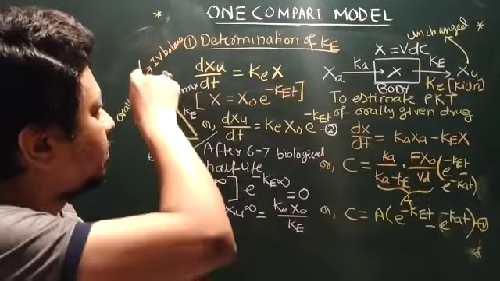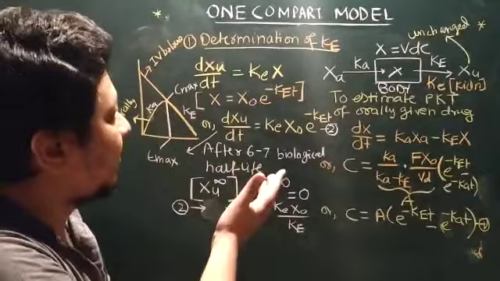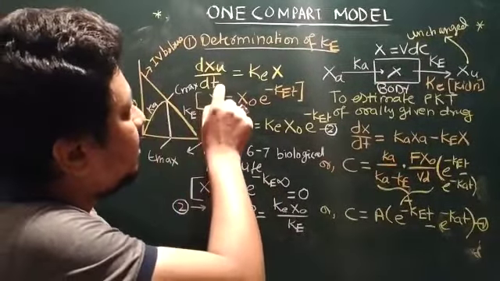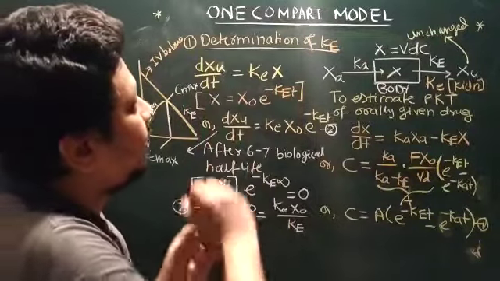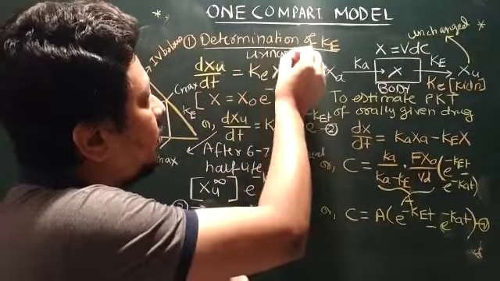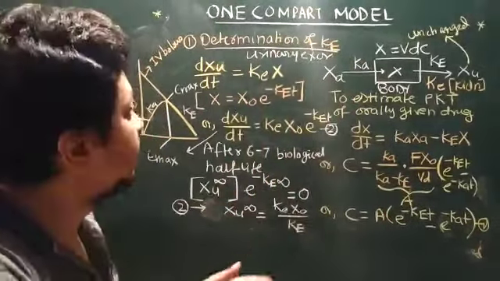This is the orally given drug. Now how to calculate Ke in that case? This is the determination of Ke from the urinary excretion data.